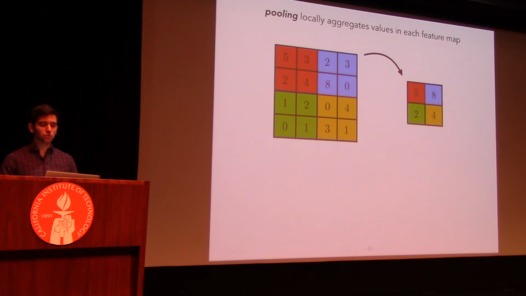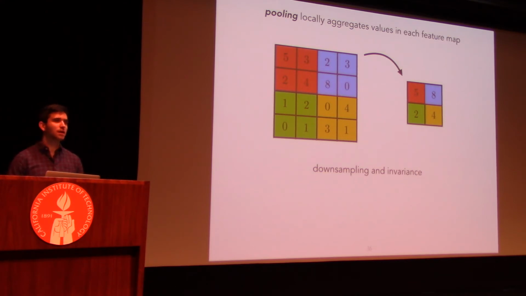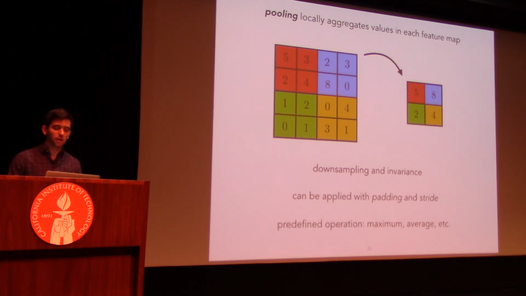Well, maybe I want to do some amount of downsampling on the image, and maybe I want to build up some invariance. So maybe I don't care about the exact location of a feature, I just want to know, is this feature here, yes or no? So give me the maximum value that you find. That's the idea of, is that feature there? And this can also be applied with padding and stride.